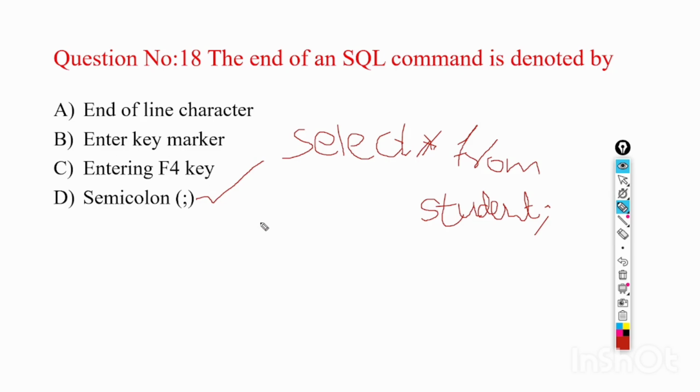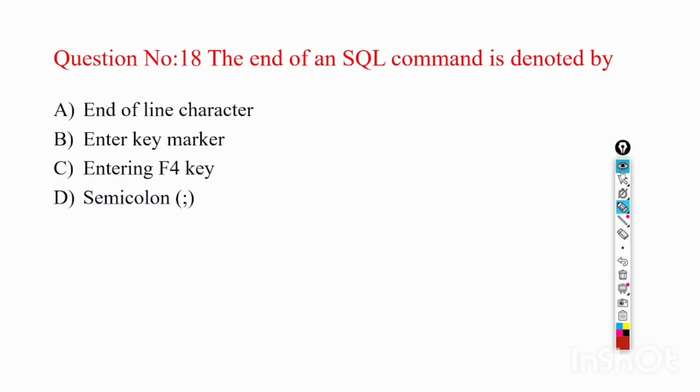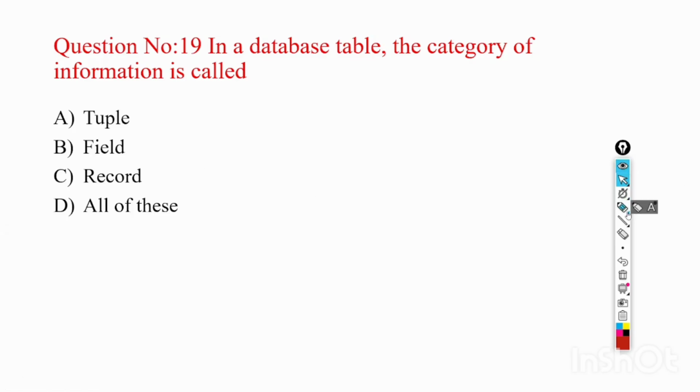So here our syntax is completed. The end of the line is nothing but terminating the statement, which is the semicolon. While executing multiple SQL commands together, the semicolon separates each and every command.